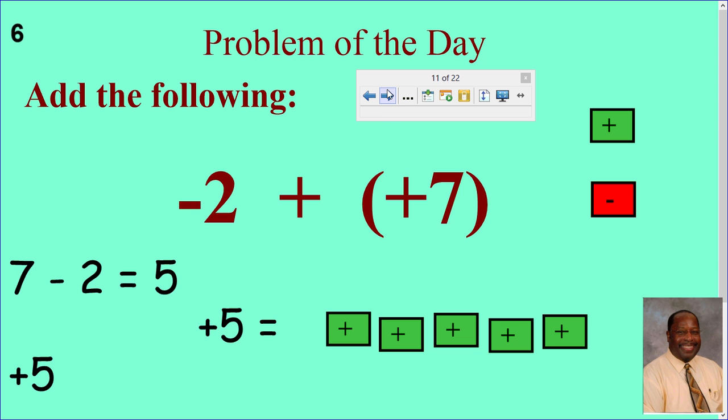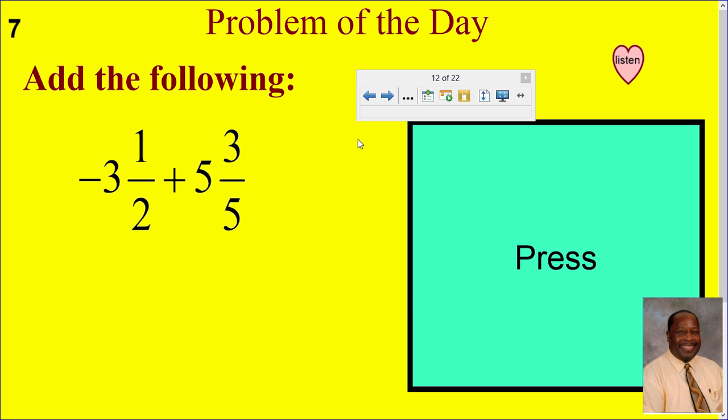So I hope you got that answer. Let's try another one. Add the following. -3½ plus 5 3/5. Dr. Robinson, those aren't integers. You're right. Those are rational numbers, though. Because remember, our topic was rational numbers.